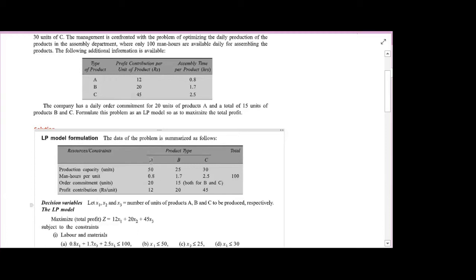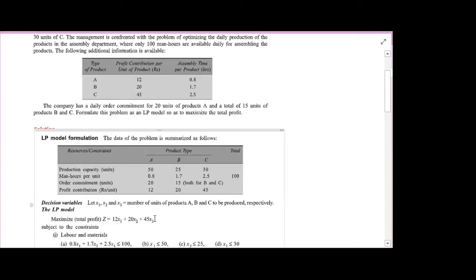If the number of units of A, B, C are known and profit per unit is also given, then we can define our objective function. So your objective function will be 12x1 plus 20x2 plus 45x3, right?